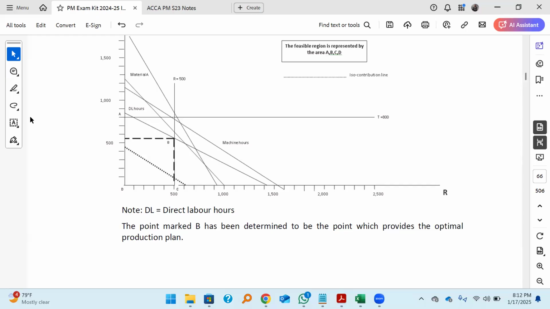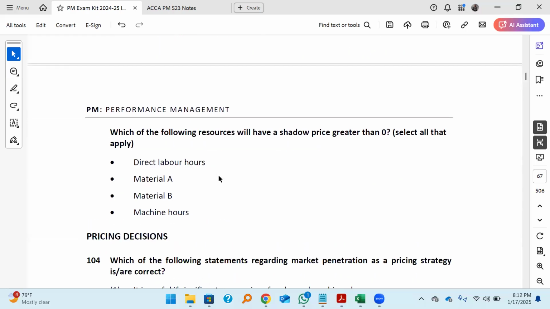So the answer in this case is direct labor hours. Those are the ones that are having a shadow price, whereas material A, B, and machine hours have slack. Is that clear?